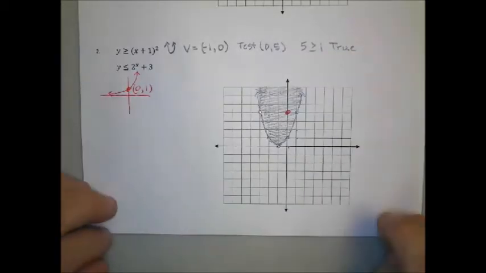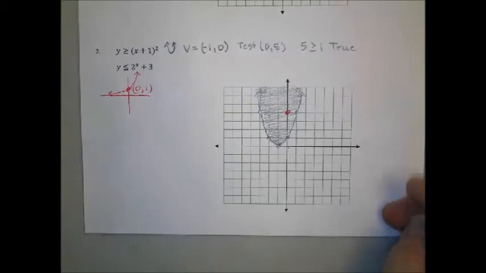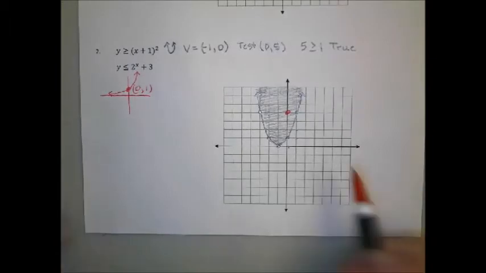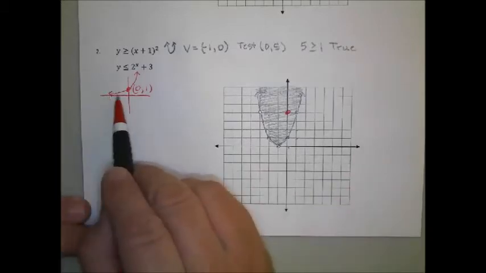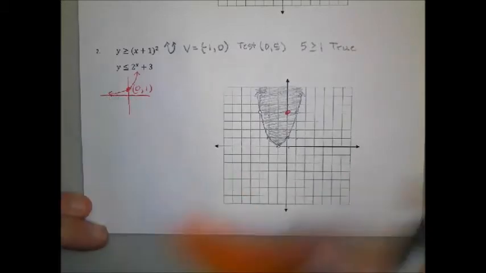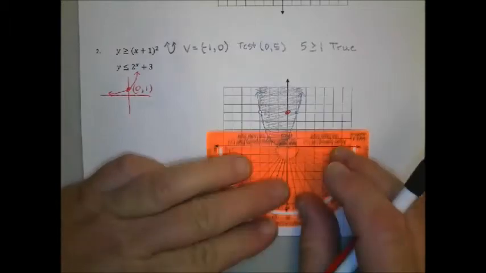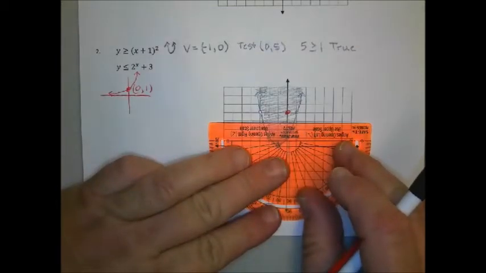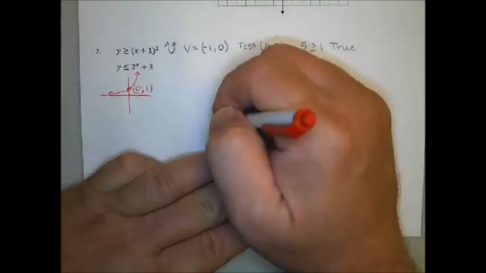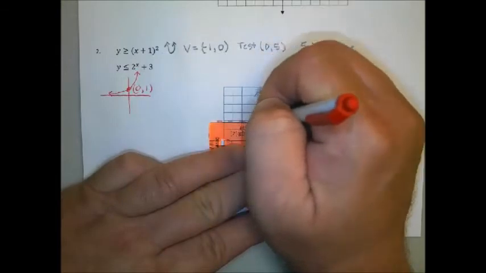Now, just to help you draw the graph, remember there's something else that shifted also, and that was the asymptote. The asymptote is usually down here at y equals 0, but the asymptote shifted up, and the asymptote is now here at y equals 3. Now, this is only to help you draw the graph.